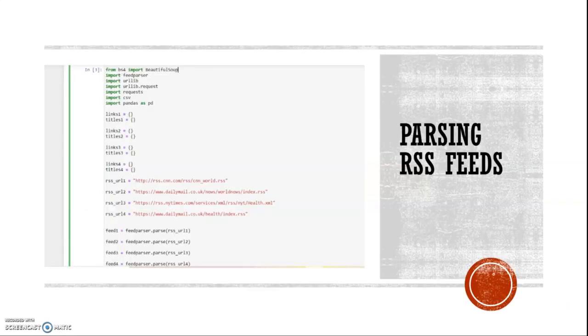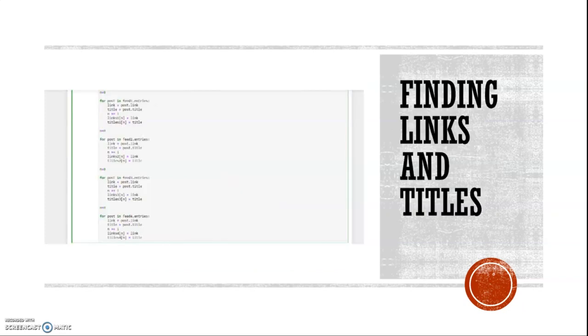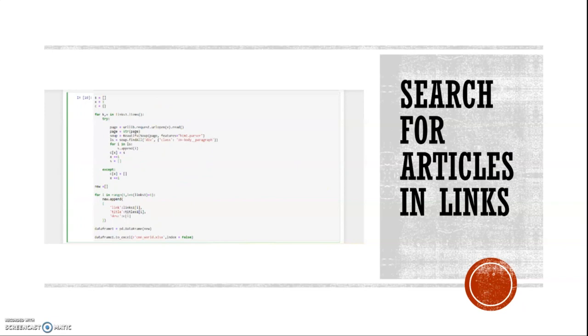So the web scraping part could be divided into 4 subtasks. First one would be to parse the RSS feeds, which is done using the feed parser. Then there's these links and titles for each of those contents in the main pages. Then what we could do is get all the data by using the tags, by using this Beautiful Soup library.